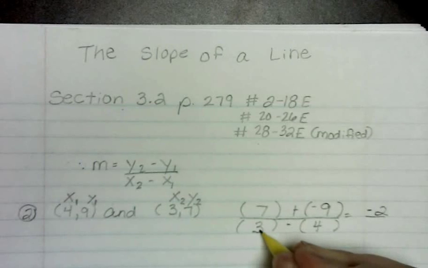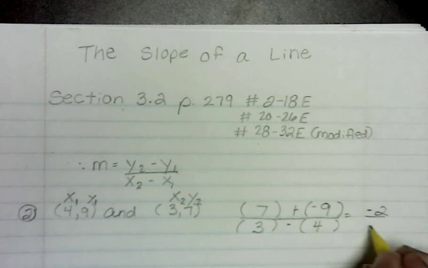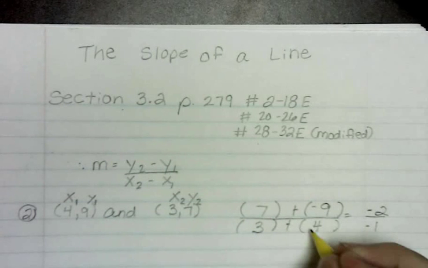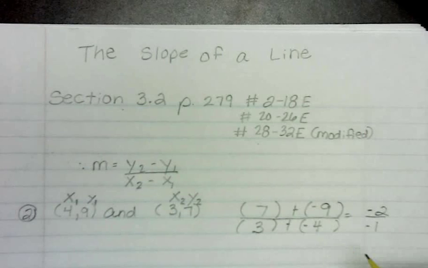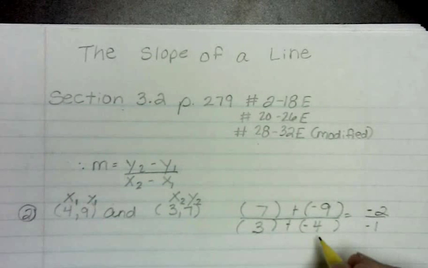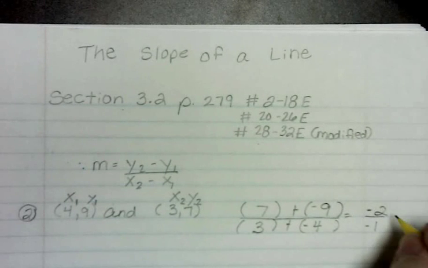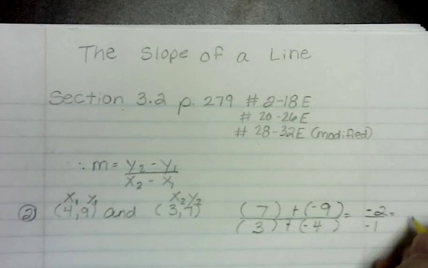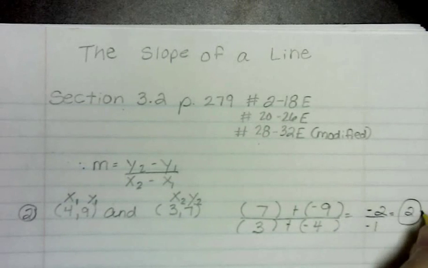So let's say you had $3 and you spend $4. You would have -1. You can also use the keep, change, opposite rule here. So you would subtract the 2 and have a -1. And then to further simplify, you would say -2 divided by -1 is a +2. We have now found our first slope.